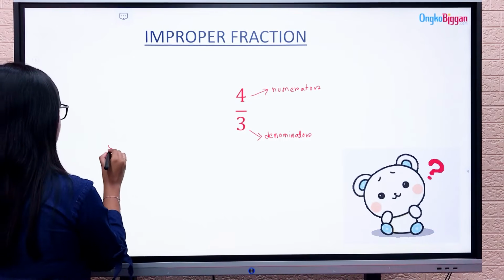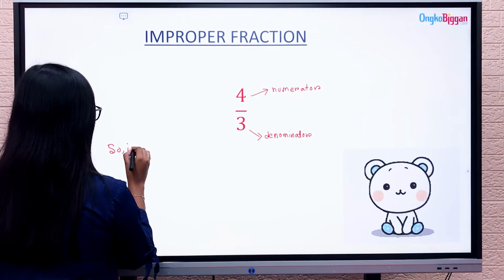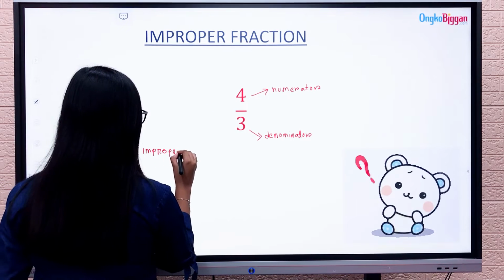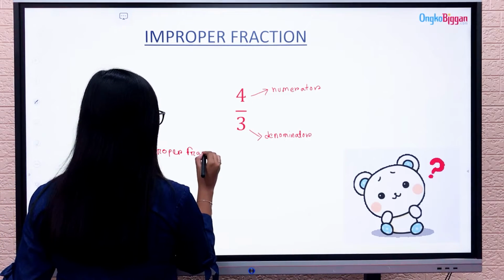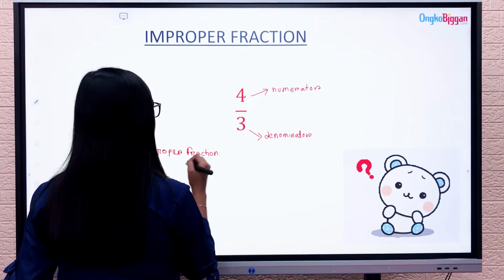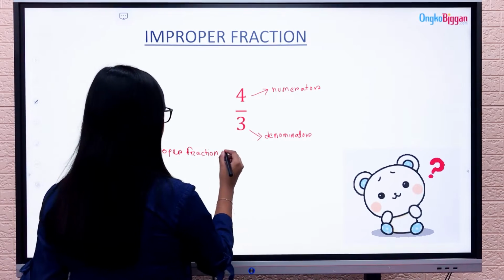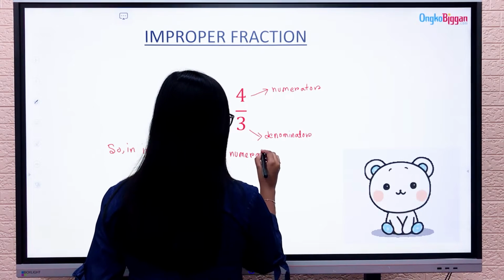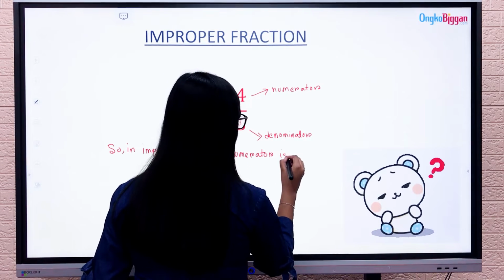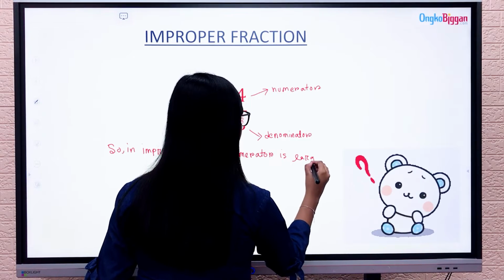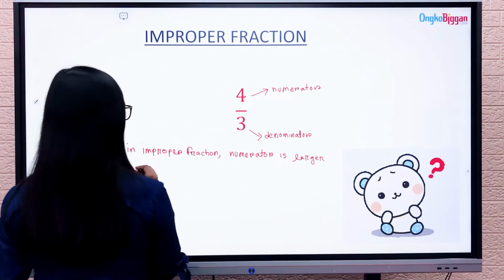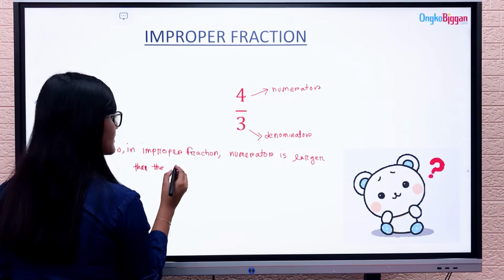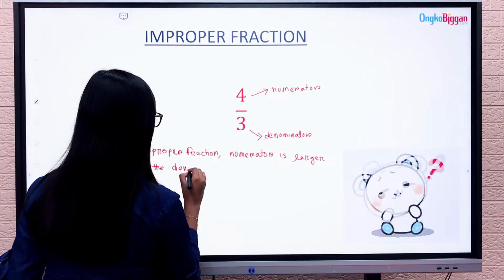So in an improper fraction, the numerator is larger than the denominator.